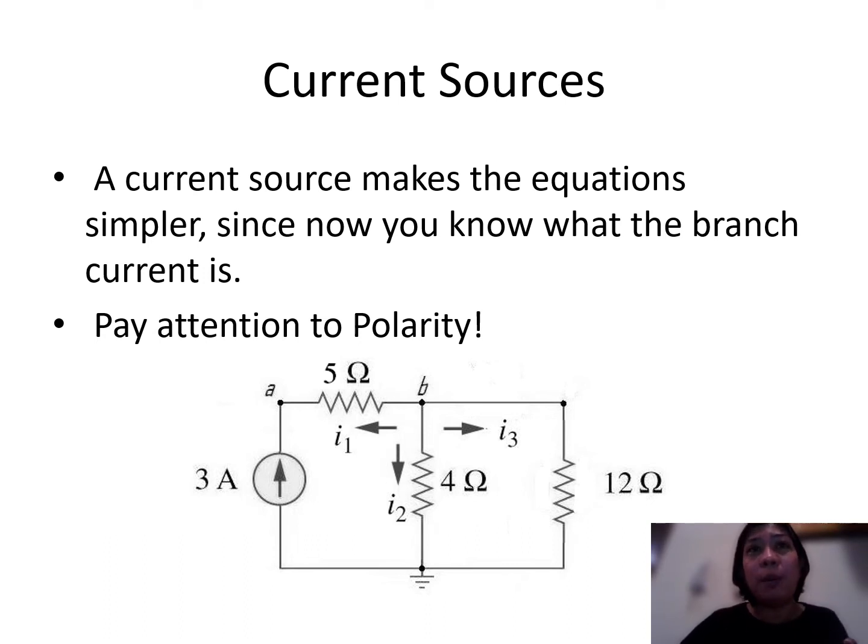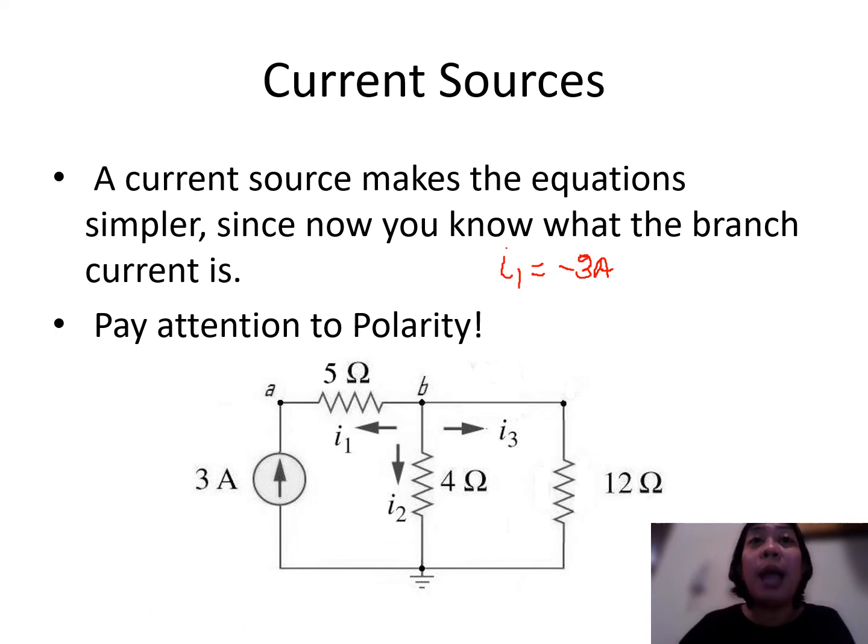We can easily say that our I1 is simply equal to 3 amperes, but look at their direction, they oppose each other, so all we have to do is to write a negative sign here. So we already have a value for our I1.